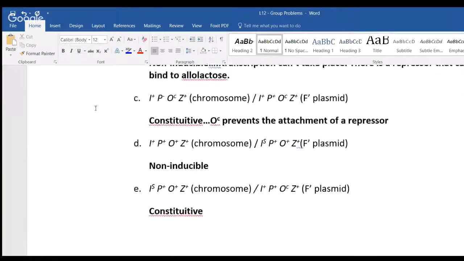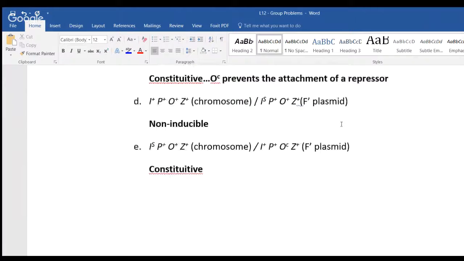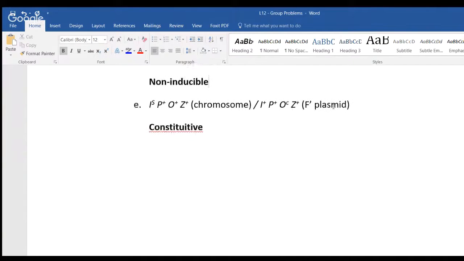For part C, it's constitutive. Now, constitutive means that it's going to happen and it just keeps on happening. And in this case, it's because the O^C prevents the attachment of the repressor for both the plasmid and the chromosome. For part D, it's non-inducible. It can't be transcribed because, again, the I^S on the F plasmid is going to interfere with how things work.